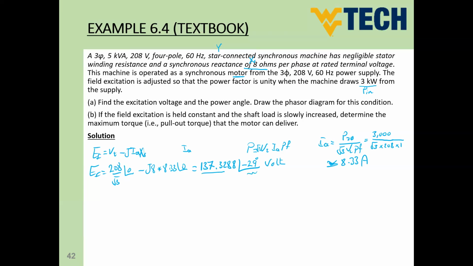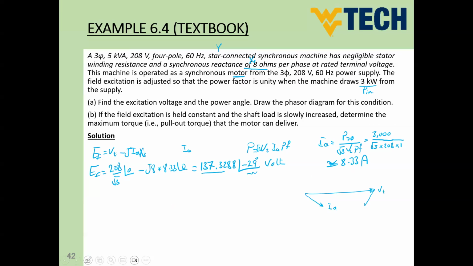And draw the phasor diagram for this condition. So let's draw the phasor diagram. So simply, we can say now if this is V terminal, Ia is at angle... sorry guys, Ia is unity power factor.